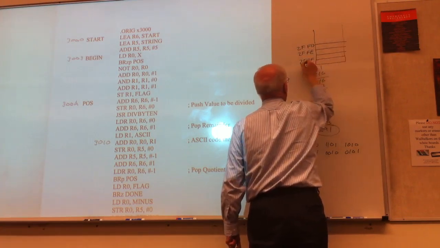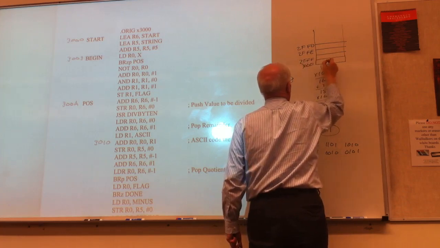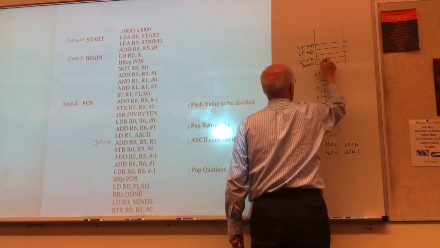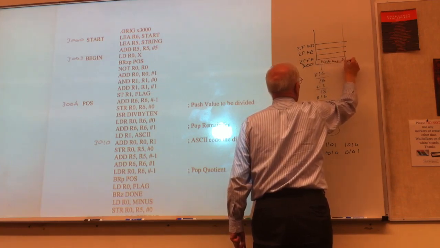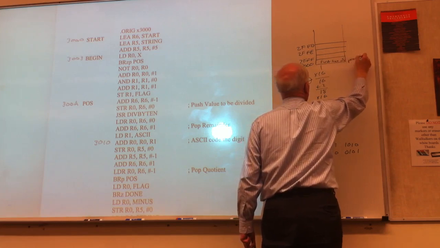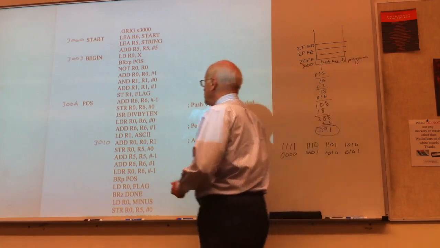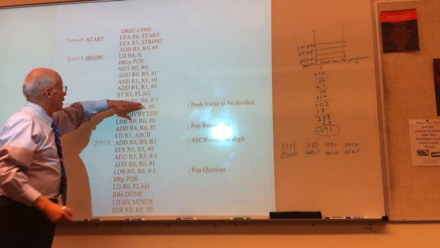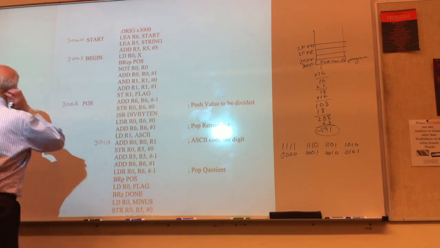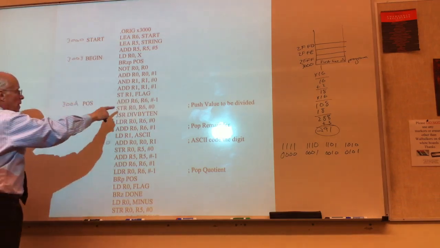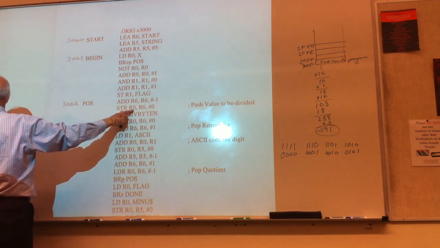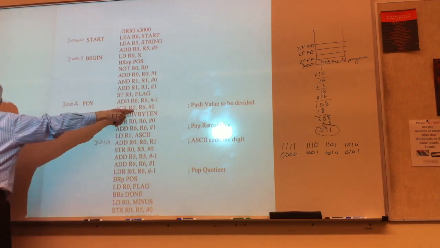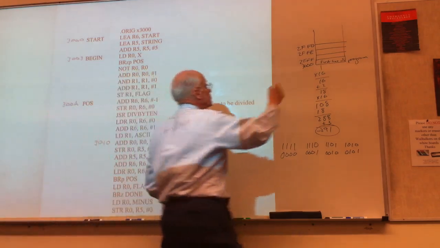Here's 3,000, which is where my program begins. First line of my program. Okay, so I subtracted 1 from my stack pointer, got me to this, and now I store my register 0 out there. 0126.